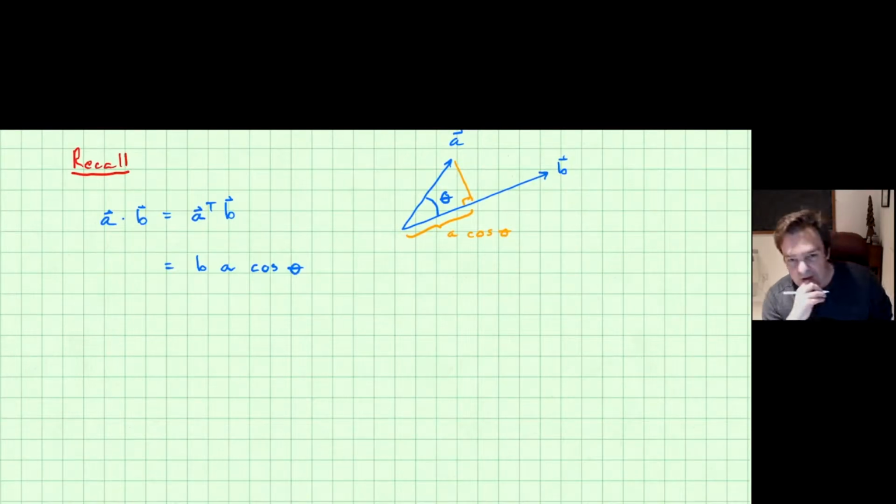Imagine if you shined a light on the vector A here, it would cast a shadow along the vector B that long.